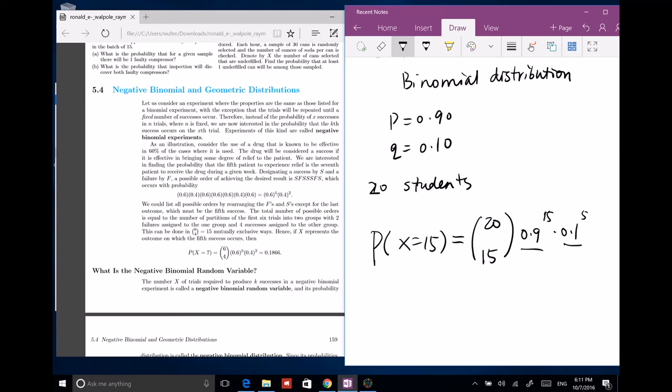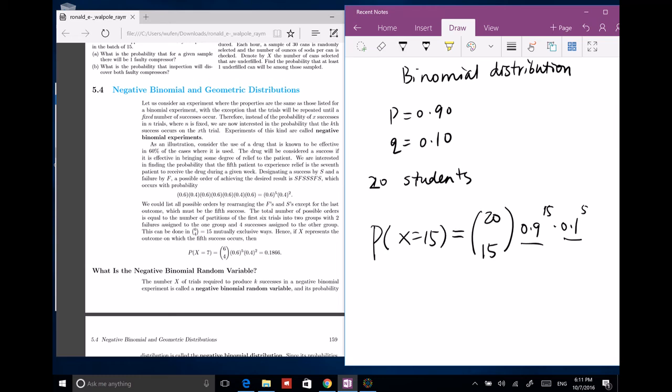What is the negative binomial distribution? For example, when I grade test papers, I know the probability that a student will pass the test is 0.9, or 90%, and the probability that a student will not pass is 10%.